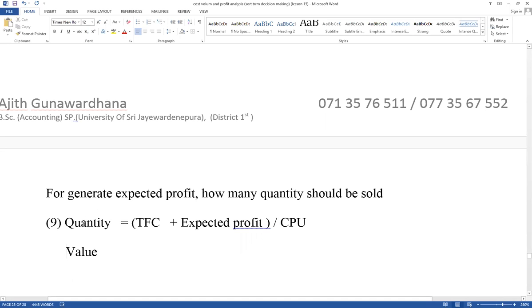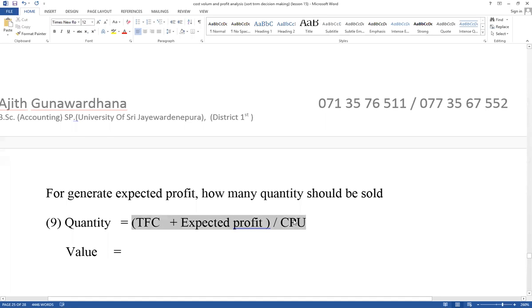Think about expected profit equal to 500,000. Therefore, if they ask how many quantity should be sold to generate expected profit, total fixed cost plus expected profit divided by contribution per unit.